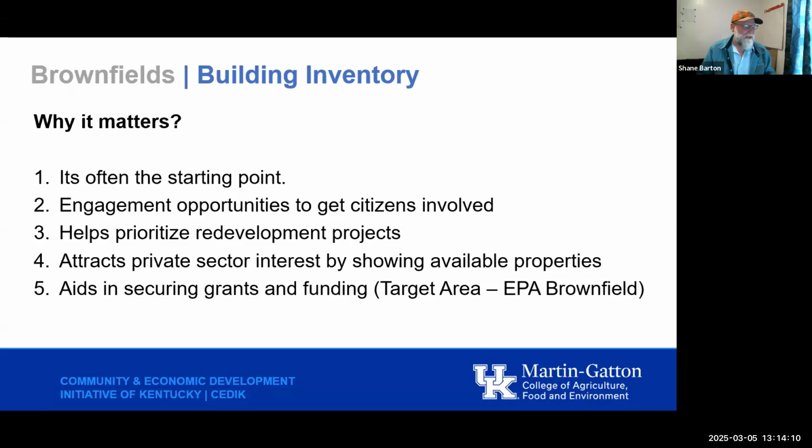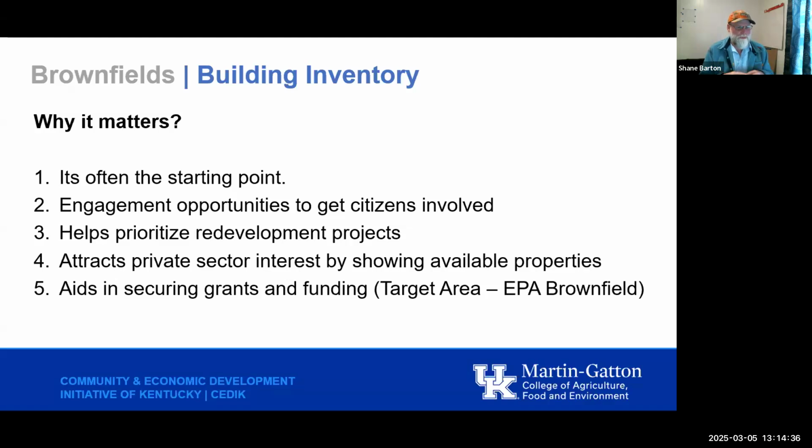And why does a building inventory matter, right? Like why do we do this? Well, it's the starting point. It's where we start to collect data. It's where we start to conceptualize and tell our story. We start to see where these sites may be. We determine the concentration. We start to think about where they're located, what they're adjacent to, what impacts they may have.